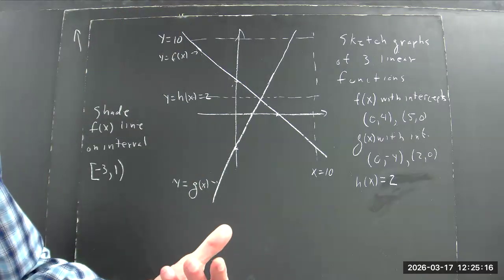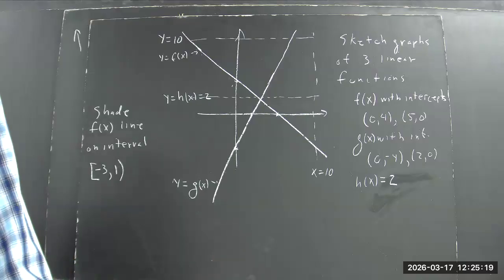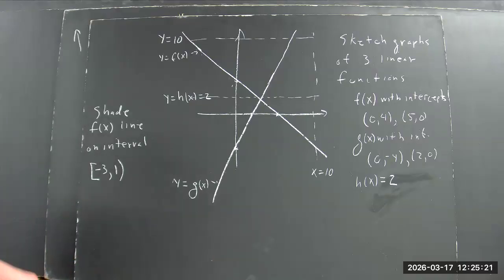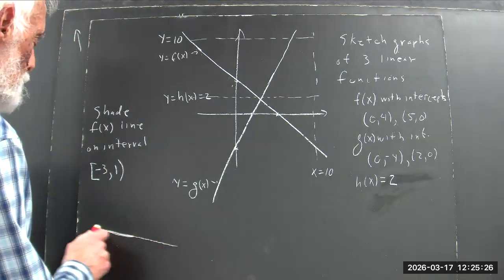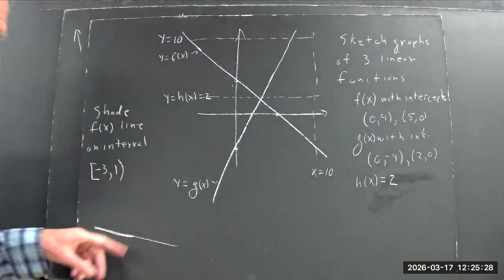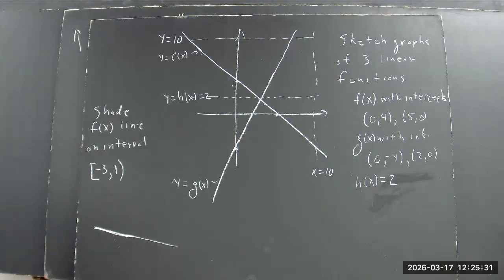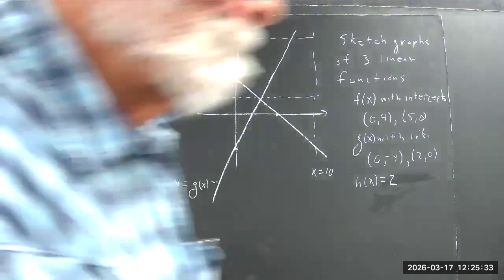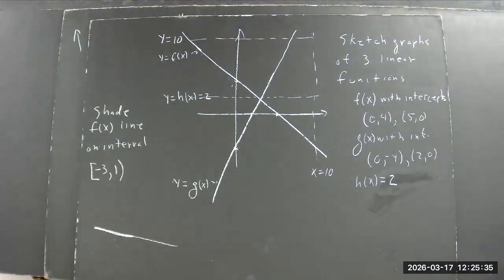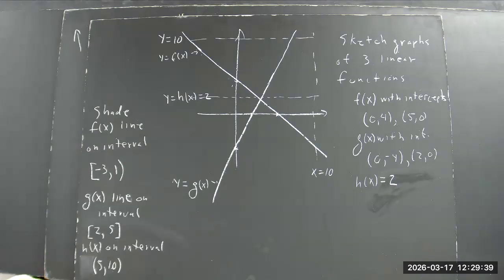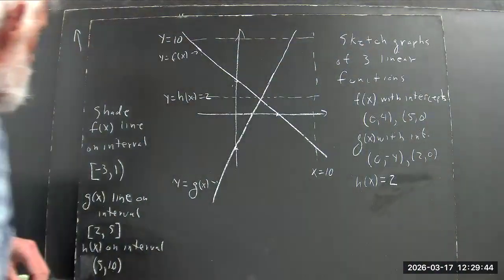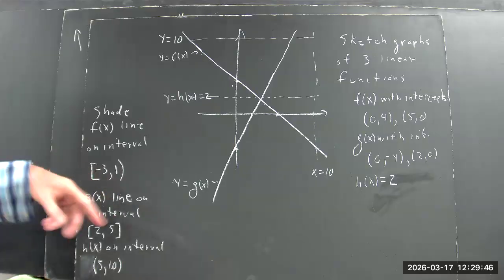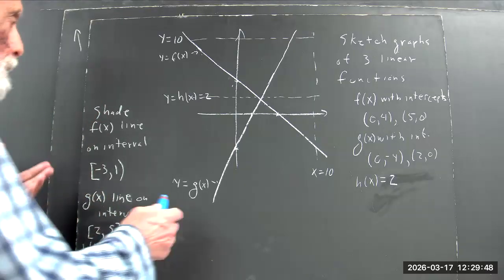Take the graph you got and, if this is your line, just make it a little darker on that interval. Okay, that was very well done. Let's shade f(x) from -3 to 1 just to confirm what people have done.